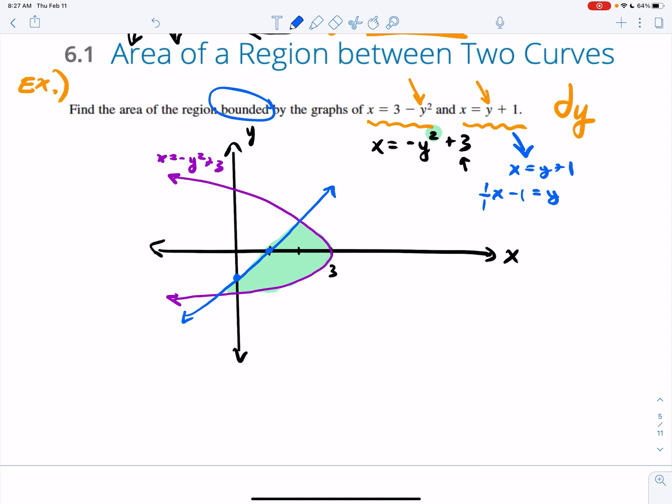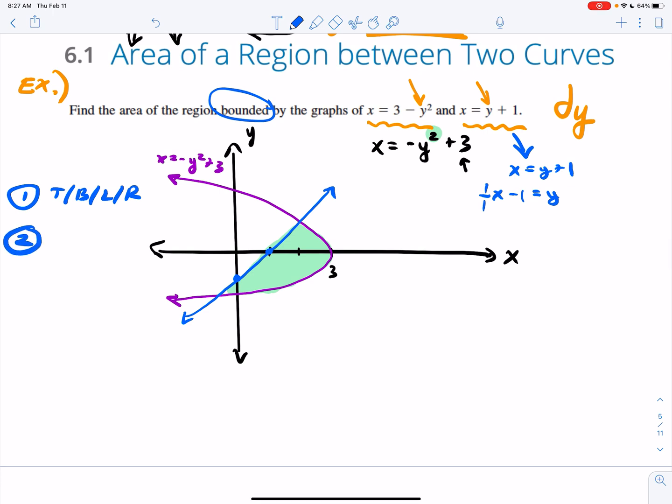Okay, so remember, a picture does two things. It tells you what your top, bottom, left, or right functions are, okay? So top, bottom, left, or right. But then it also tells you where the intersections are. Or at least you can find it, all right?